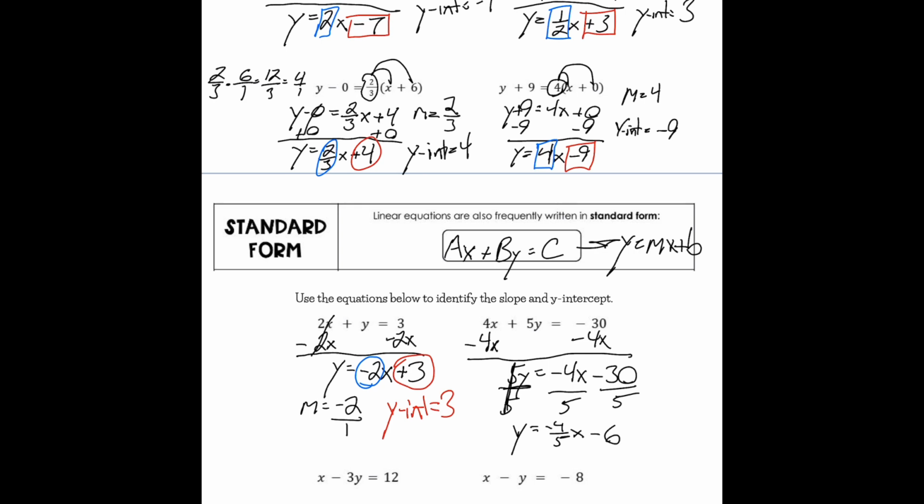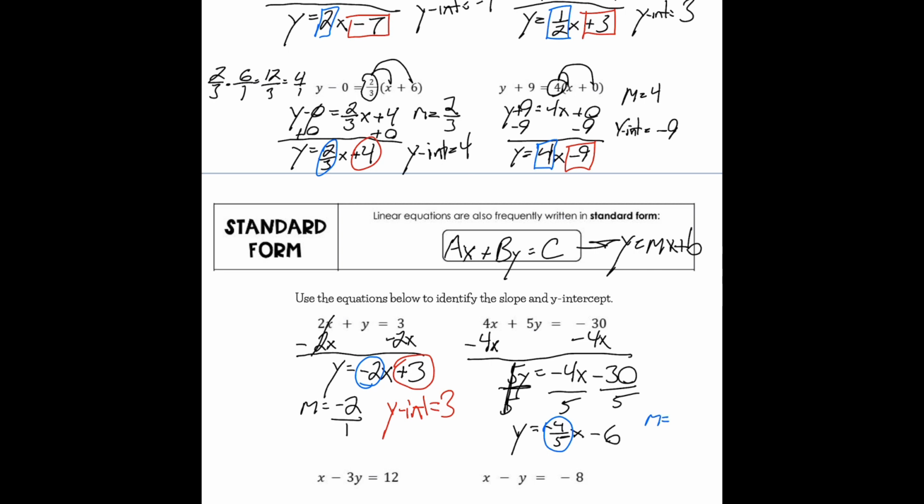Okay, now we have y equals negative 4 over 5x minus 6. This looks like y equals mx plus b. Once our equation looks like y equals mx plus b, we are able to identify our slope, negative 4 over 5.